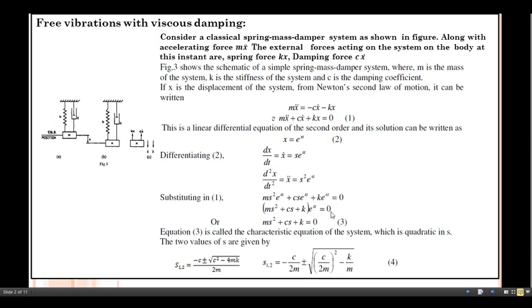Since e raised to st can never be zero, the bracket must be zero. So this equation gives us m s square plus c s plus k equals 0. This is equation 3.